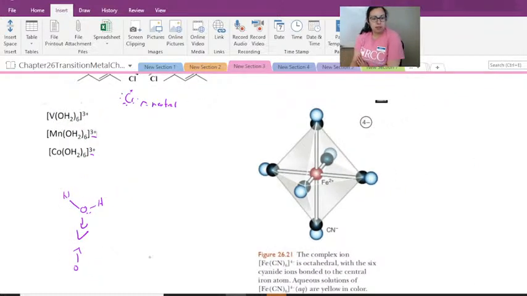What do we get for the D count of this vanadium hexaaqua compound?